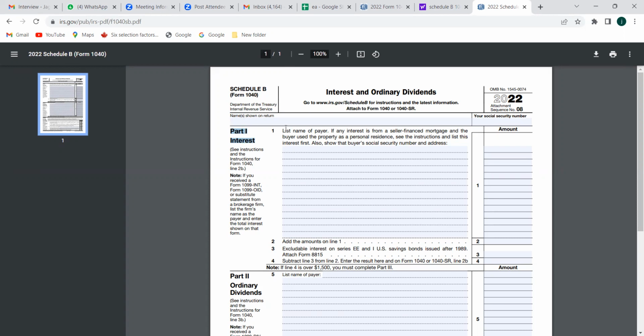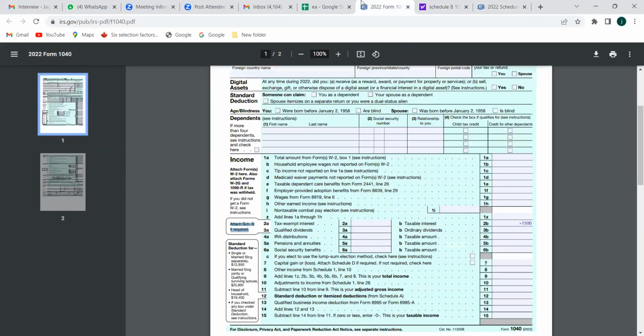From wherever you are getting the interest, you need to enter the source and the amount here. That's it. For this there is one separate schedule, so if our income from interest exceeds 1500, we need to attach Schedule B for it.